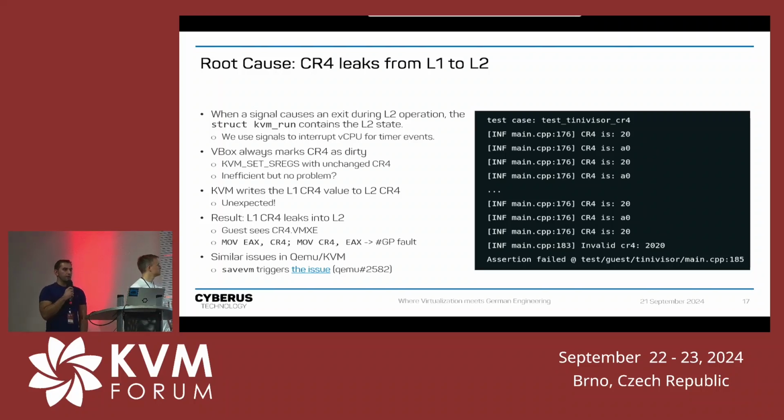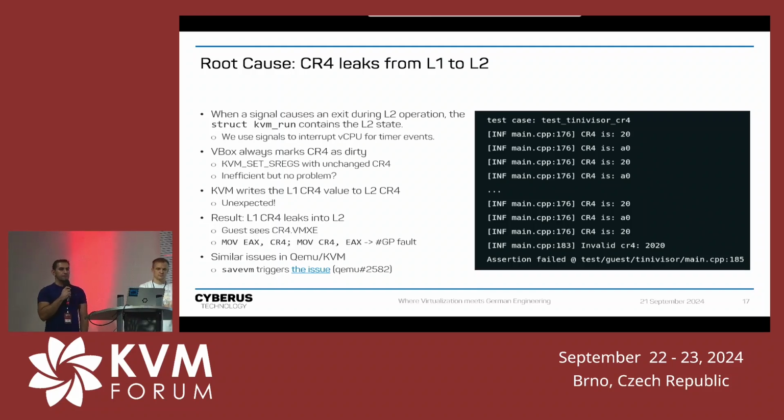In our case, we also mark control register values as dirty every time we enter the guest, because we thought that it's inefficient, okay, but it should work in the meantime. But this is not the case.